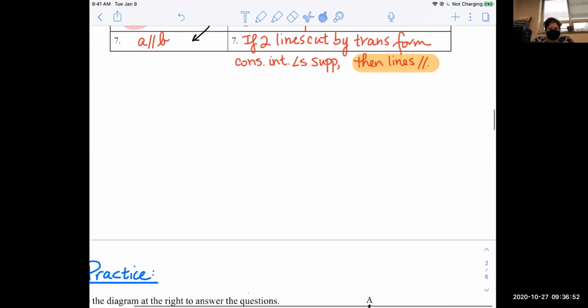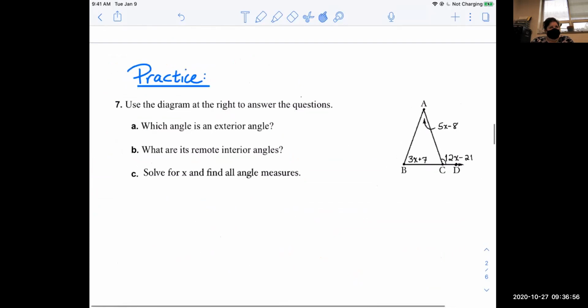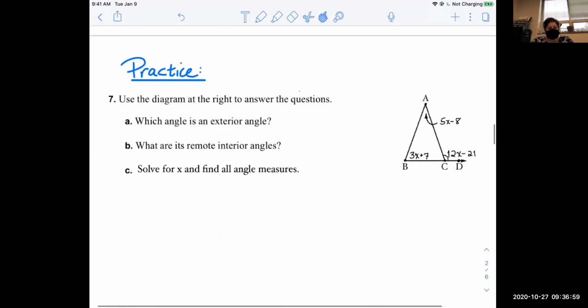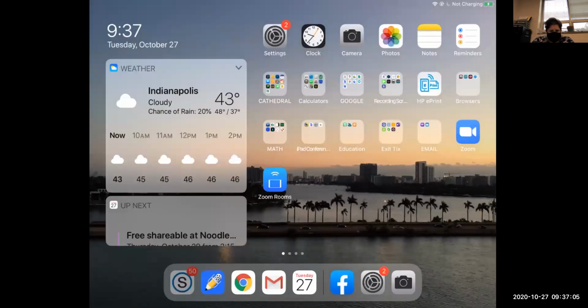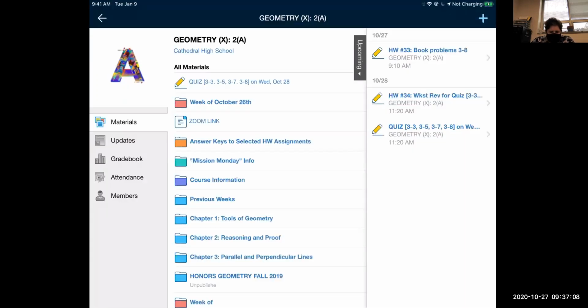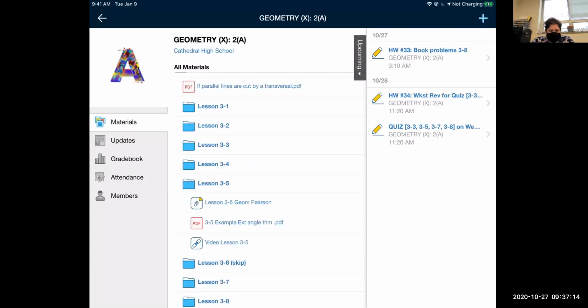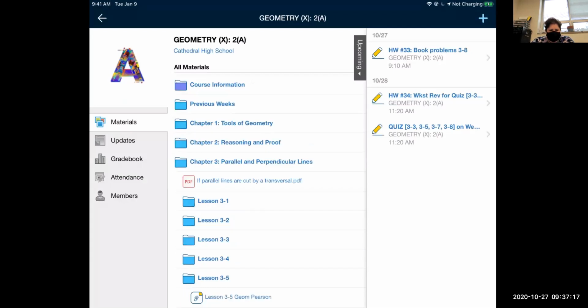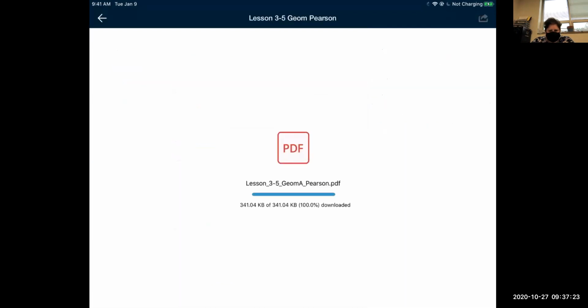Okay, so we're going to work through this problem. Hold on a second, let me see if I posted it. It might be in the 3-5 folder. Yeah, if you go down to the bottom of the page where it says chapter 3, and you can expand it out, in the 3-5 folder, I think that this is that.